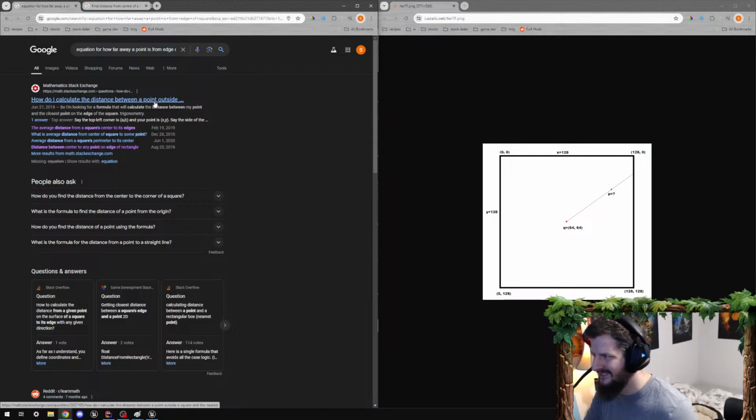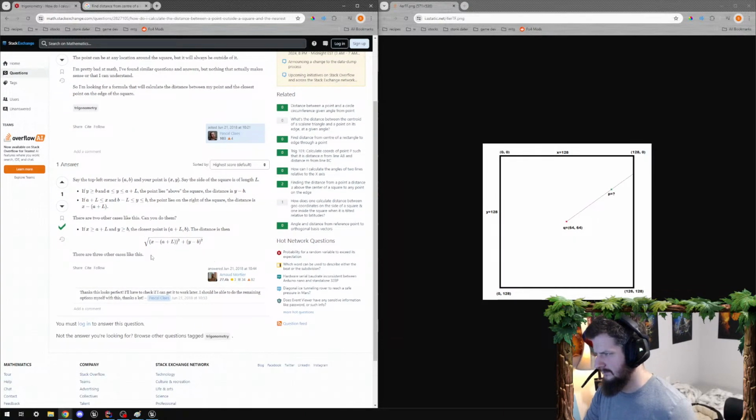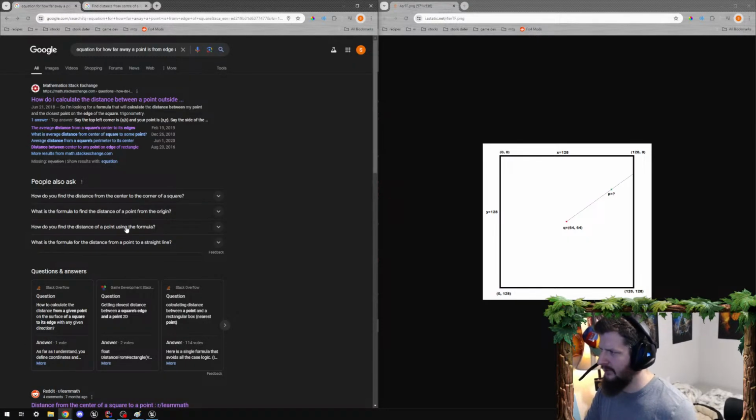And return it. And so what I'm reading is that the equation is going to change based on where the point is, which is really annoying as well.